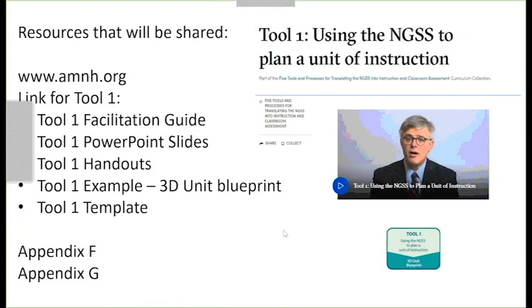Yes, and if you guys want to take a second, I can show you how the website works here. Just pull up the American Museum of Natural History.